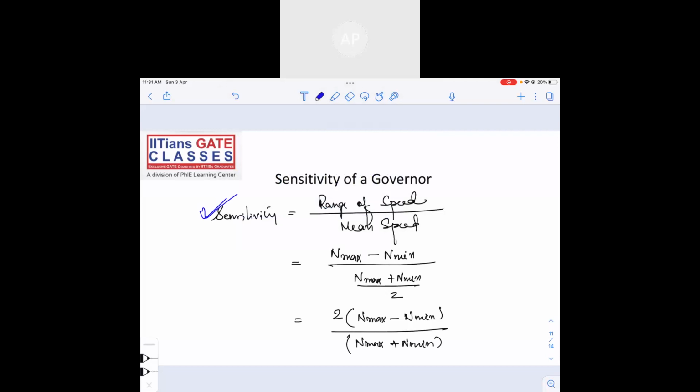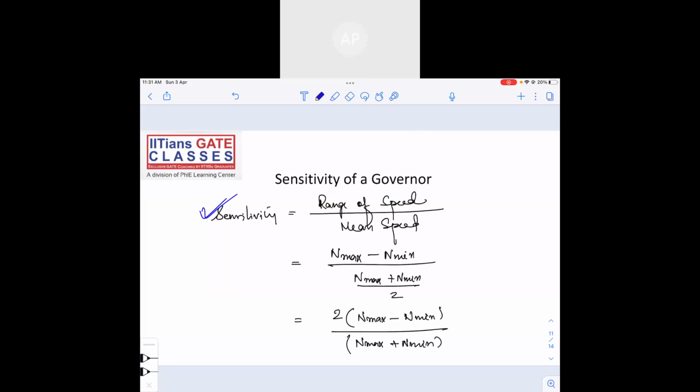Now, what is the sensitivity of an isochronous governor? That is something important.